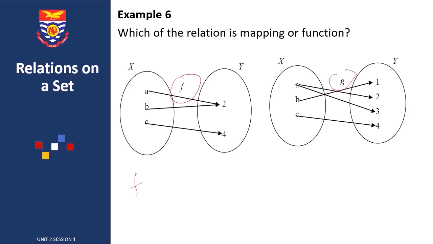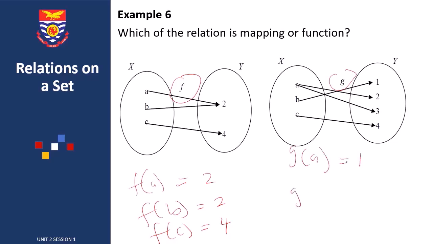So f(a) equals 2, f(b) equals 2, f(c) equals 4. Remember, we did something like this. And then for g, g(a) equals 1, and another g(a) equals 3. Look at this coincidence.